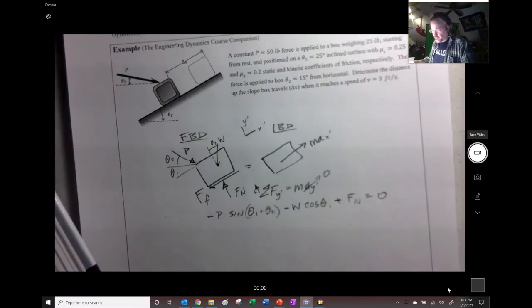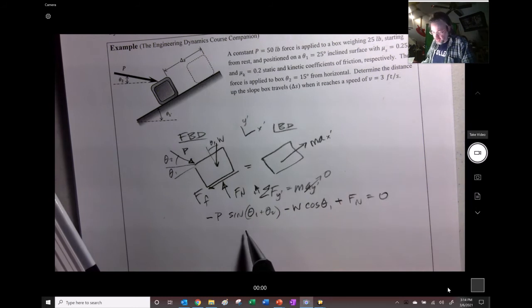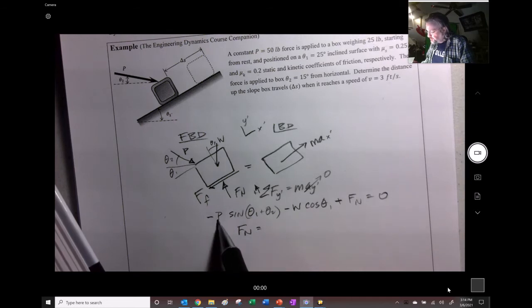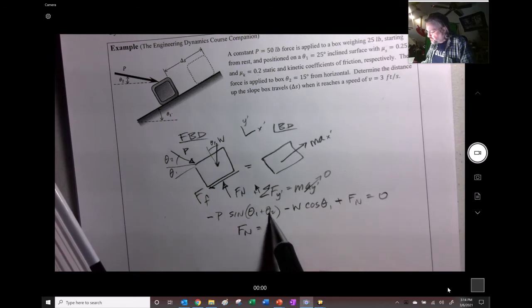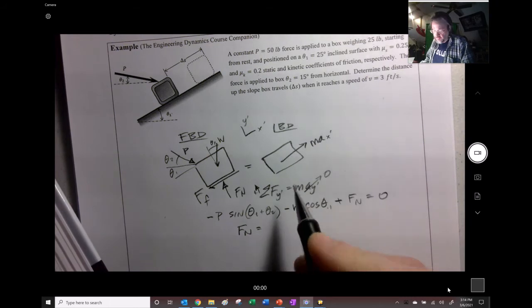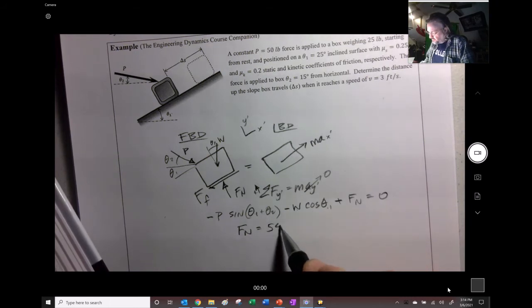So I just wanted to get the numbers all straight out right here. If we put in the values, this 50, and that's 25 and 15. This is 25, and that's the 25 right there. We end up getting 54.8 pounds.